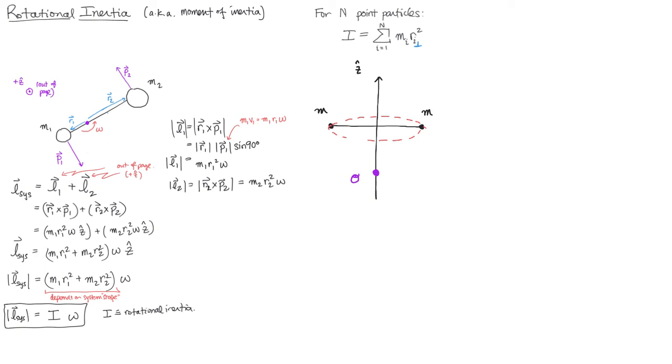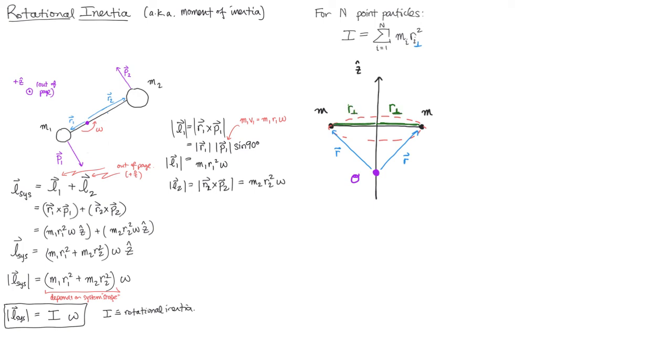Well, we have position vectors out to each of these objects from the origin. But when we talk about the rotational inertia, we are not talking about those position vectors. We are talking about the perpendicular distance between each mass and the rotation axis.